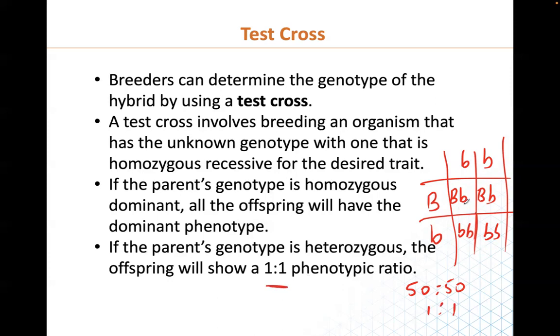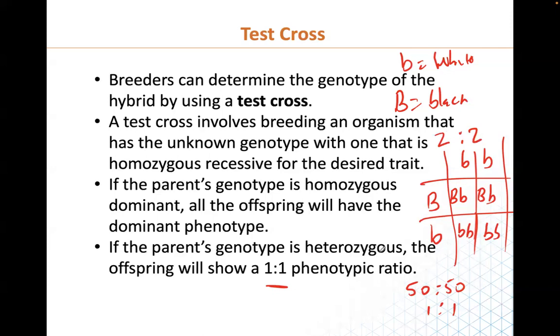So the genotype is going to be ratio 1, let's say, for example, black. Let's say uppercase is black cat, and this is white cat. So this cat would be black, black, white, white. So you have two black cats with two white cats.